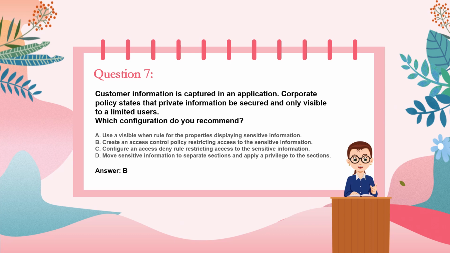B. Create an access control policy restricting access to the sensitive information. C. Configure an access deny rule restricting access to the sensitive information. D. Move sensitive information to separate sections and apply a privilege to the sections. Answer: B.